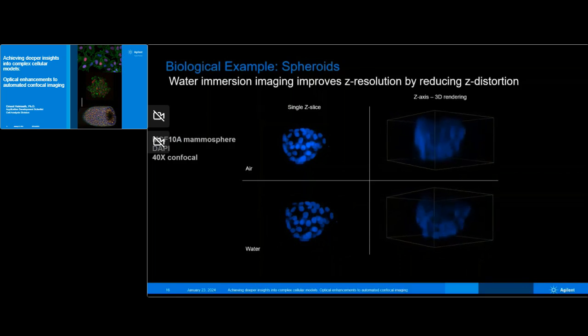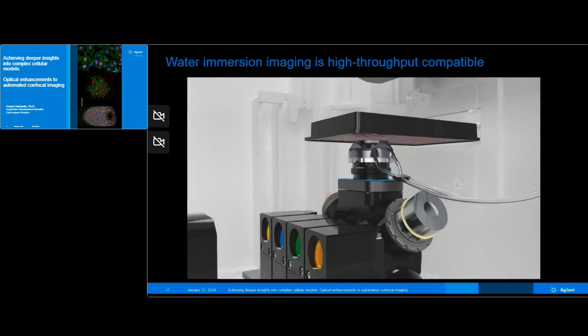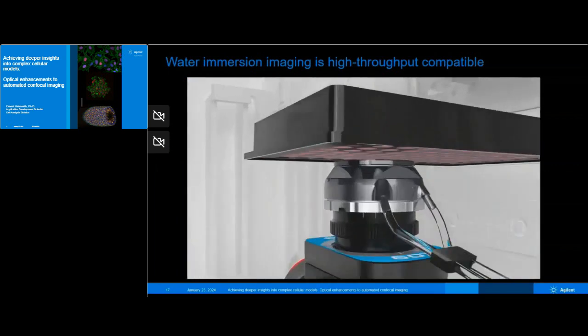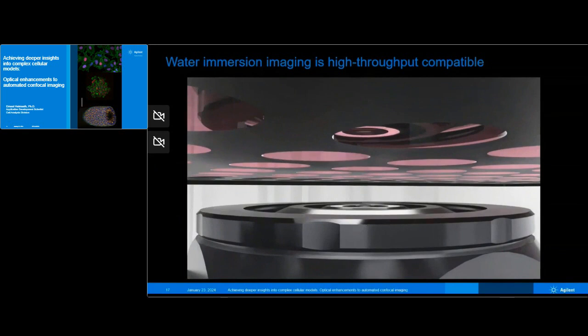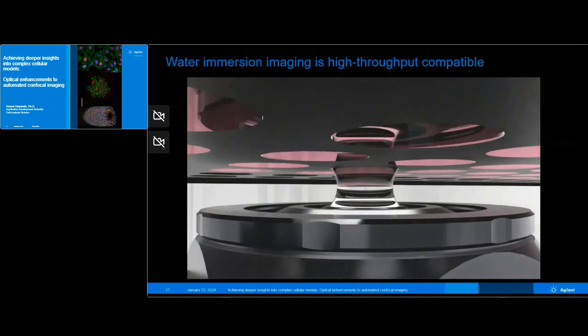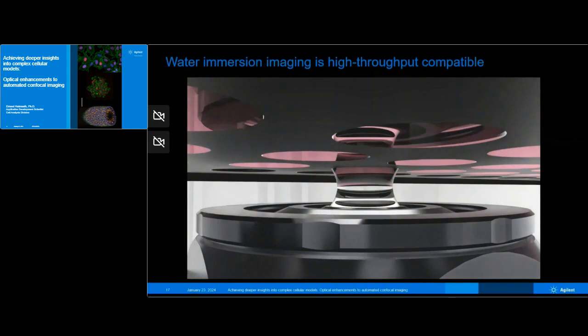And so we're looking at the different nuclei within that mammosphere. Not only can you see this on individual samples, but with the design that we have for the Citation C10, we're able to implement high throughput automated water immersion imaging.